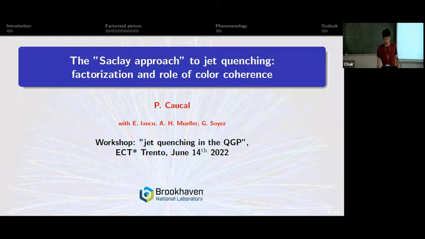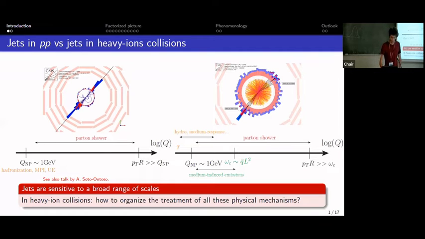Right, so I like starting with this kind of picture which compares the situation in PP, which was nicely explained by Alba in the previous talk, and what we have in heavy-ion collisions.